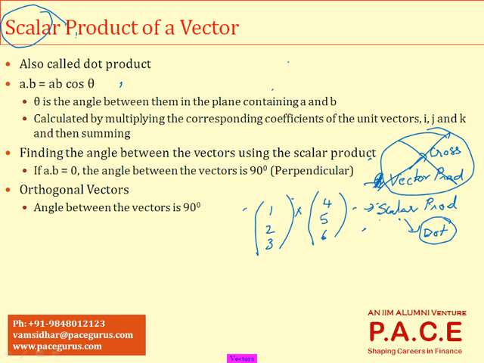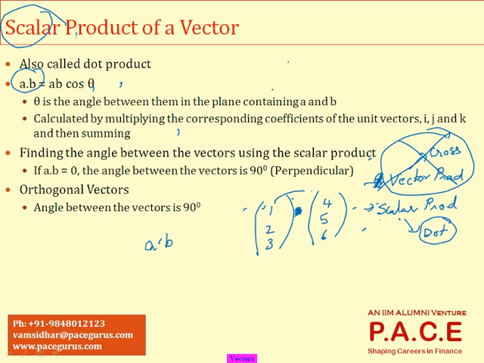So this is the process which we follow to find out the scalar product. The scalar product is represented using A dot B. That is what is called a scalar product. And there are two ways of determining it.